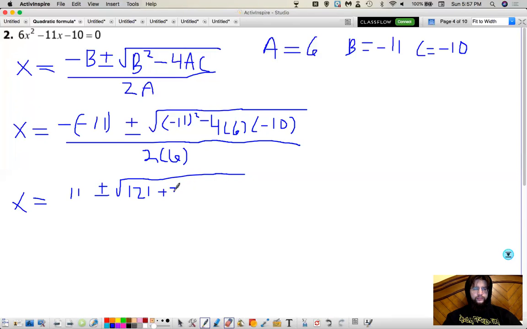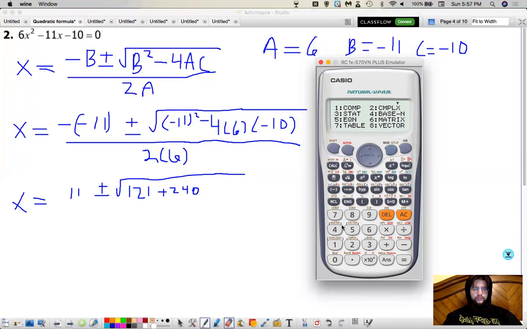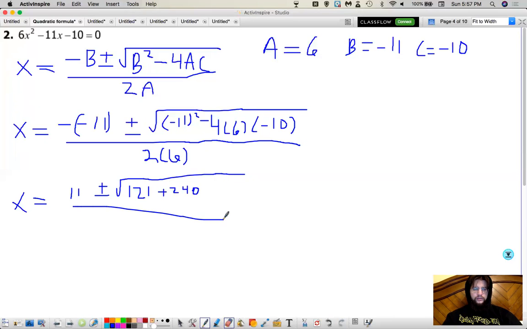In fact, I'm going to double check myself. I know it's 11 squared, but 4 times 6 times 10 is 240, plus 121, it's 361. Oh, that's going to be over 12.